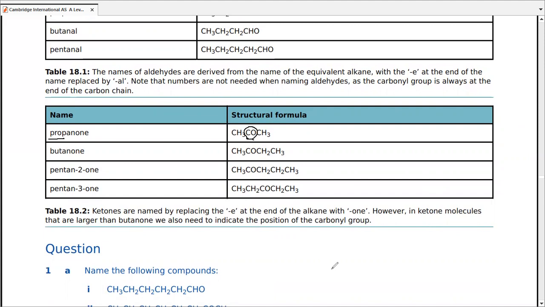So if this is supposed to be in the center, there should be at least one carbon chain over here and one carbon chain over here, so of course it's going to start with the member which has at least three carbons. So ethanone and methanone do not exist because they can't. The way this whole formula works, they can't.